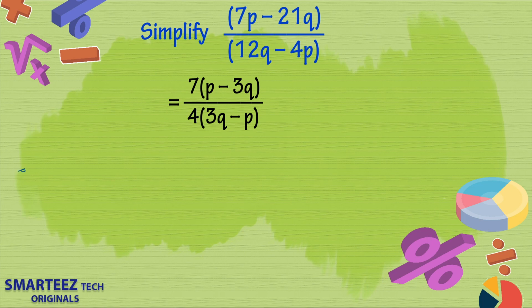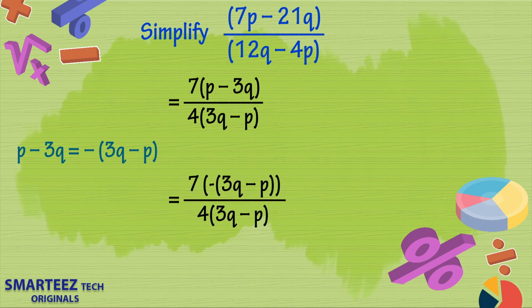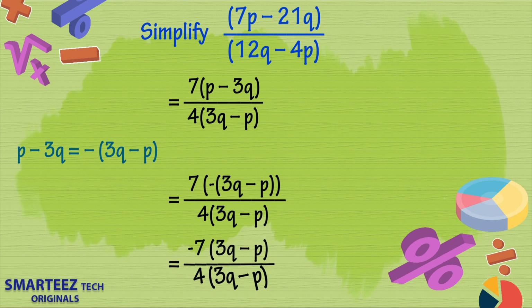In other words, p minus 3q equals negative (3q minus p). So we can rewrite this as 7 times negative (3q minus p) divided by 4 times (3q minus p), which equals negative 7 times (3q minus p) divided by 4 times (3q minus p). Striking out the common factor 3q minus p in the numerator and denominator, we get negative 7 over 4.